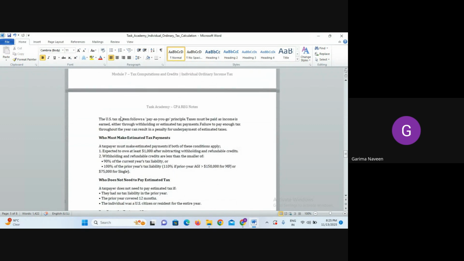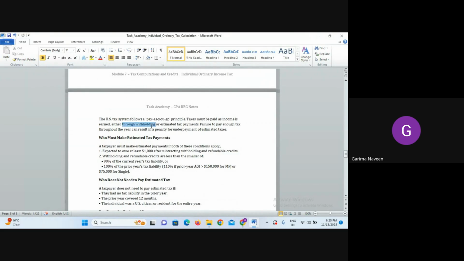The US tax system follows a pay as you go principle, meaning you should pay the taxes as you are earning within the year. You do not have to pay the taxes at the end of the year. Instead, you have to pay in installments as you are earning your income. Taxes must be paid as income is earned, either through withholding or estimated tax payment.